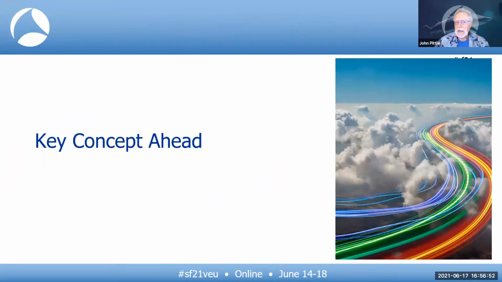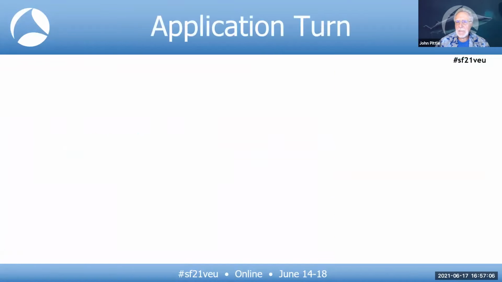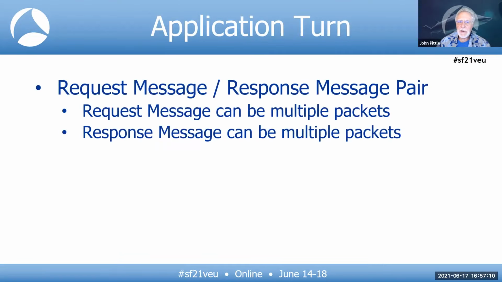And I want to introduce a key concept, which there's not currently a metric in Wireshark specifically for, but that concept is an application turn. An application turn is the pair of a request message followed by the response message.